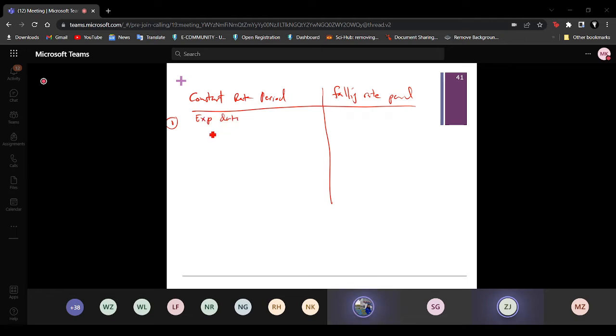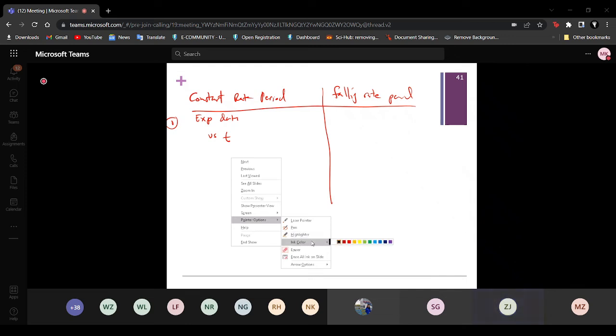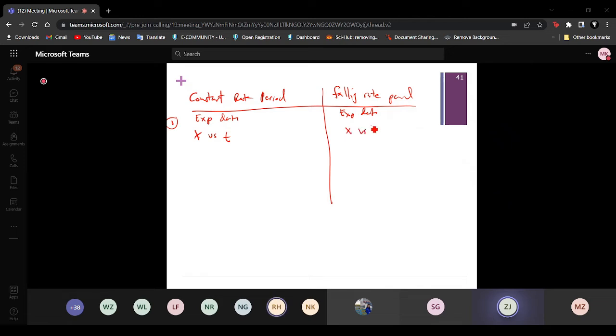You have data of X versus T, free moisture content versus time. That is the basic data that you normally have. You can also have X versus T here, experimental data. This is the simplest and fastest way to find the drying time if you have this information.